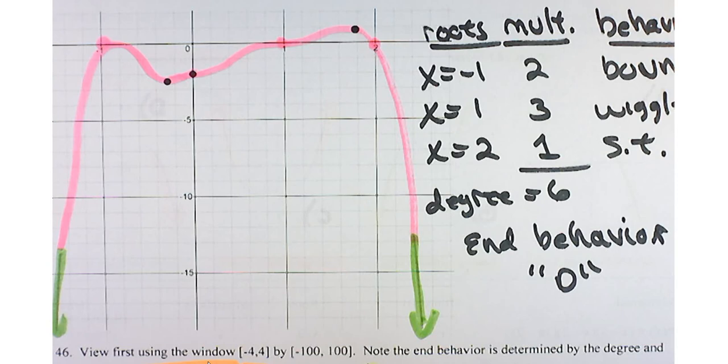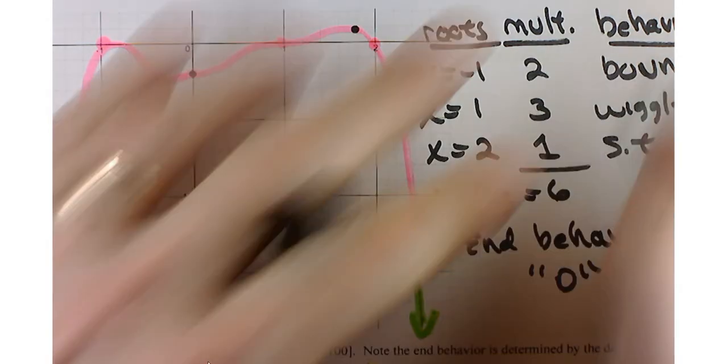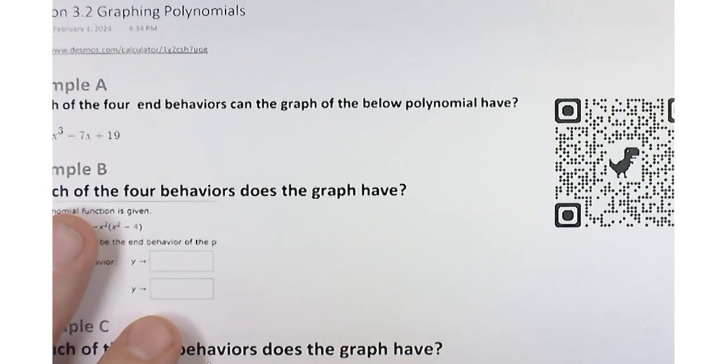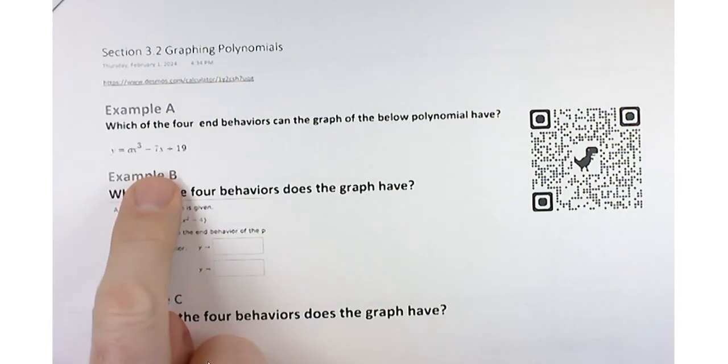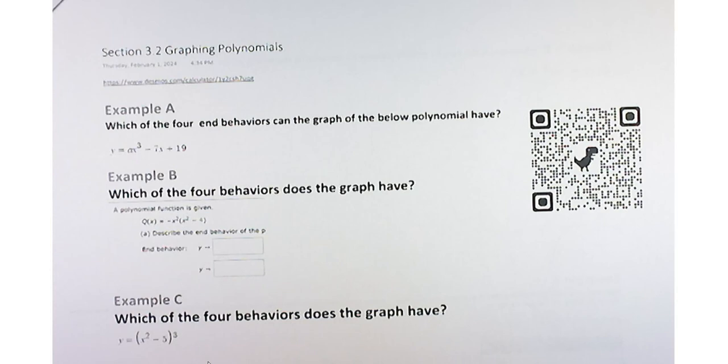How are we looking on that one? Doing okay? Let's turn our attention to some of the homework problems then. So this is kind of like the warm-up. Now we're going to look at some of the homework problems. The first one I want you to look at is example A. I want you to determine for yourself which of the 4 behaviors you think you're going to see based on this graph.